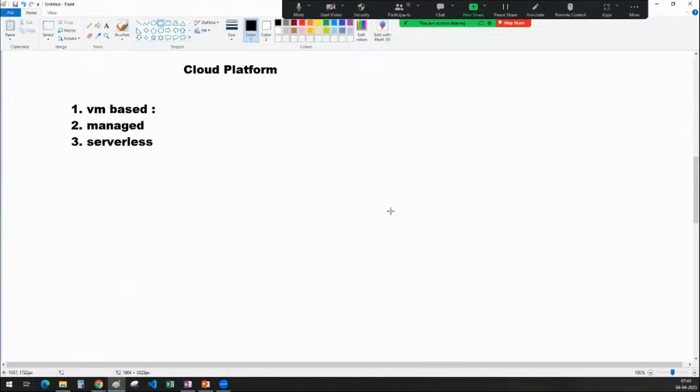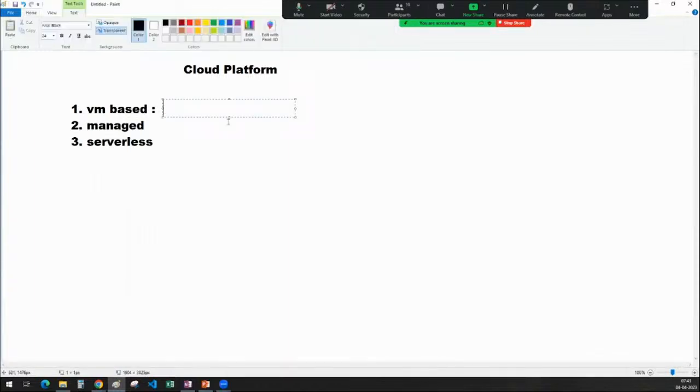So you need a laptop. That laptop needs to have some kind of resources, and that laptop will have its own configuration. On top of that, you again download an application and install it, and again you try to develop an application. Likewise, in VM based, an entire virtual machine will be given to you.